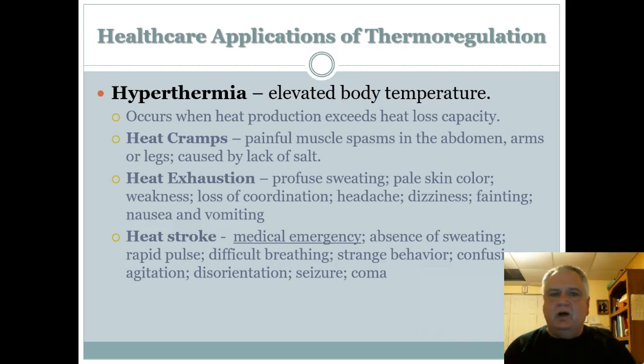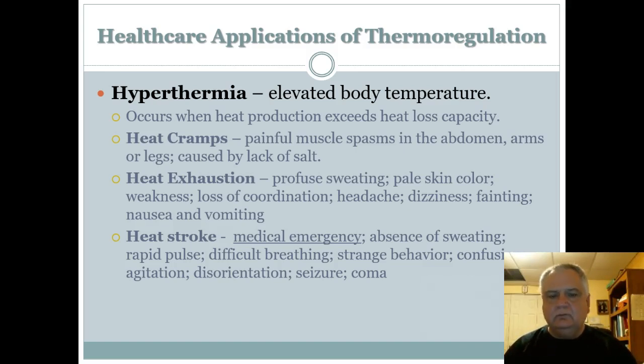With all that loss of water, blood pressure is going to drop, so the heart's going to start beating more rapidly to try to keep the pressure up. The individual may have difficulty breathing. They may start to show strange behaviors. They will be confused, become agitated, disoriented, and it can even lead to seizure and coma. Whenever you think about the strange behavior, confusion, agitation, it sounds a lot like what?